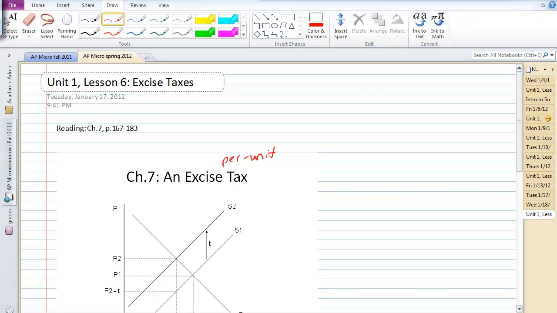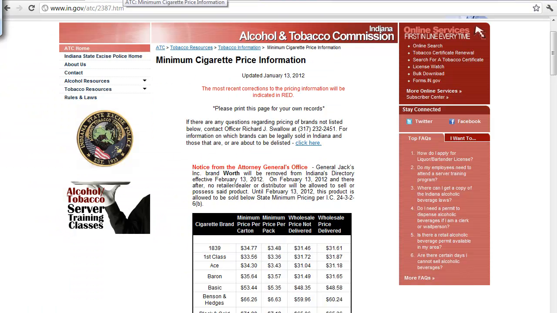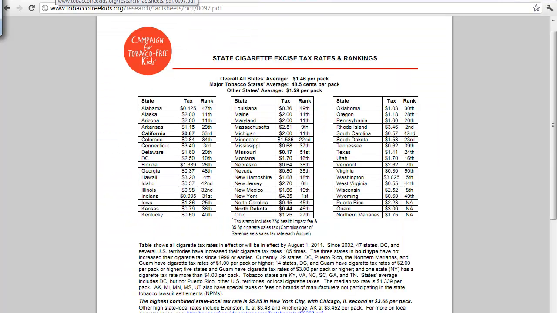The classic example of excise taxes is on cigarettes, and here's some data on cigarette excise taxes, which vary by state. You can see that here's Indiana with just under $1 per pack excise tax, which ranks us 31st. That's the 31st highest.